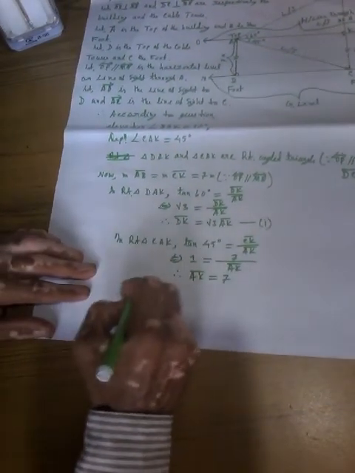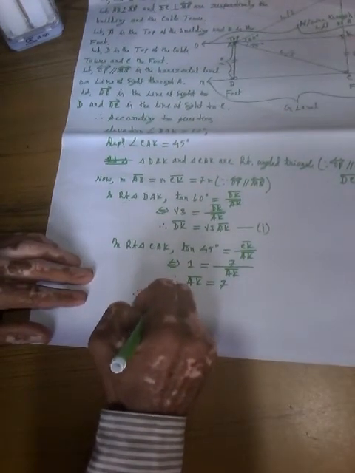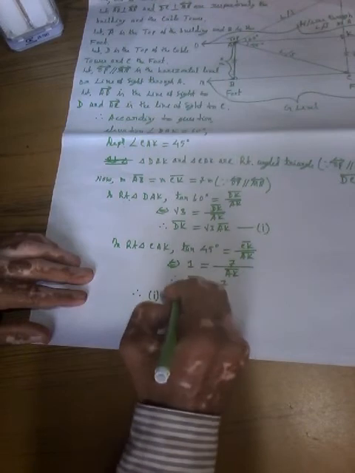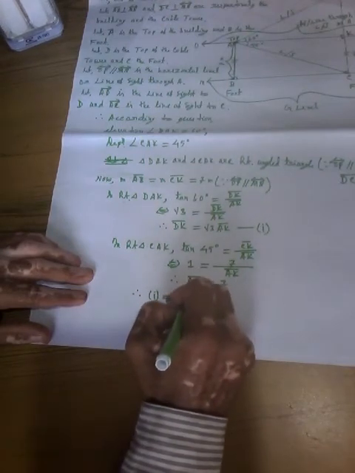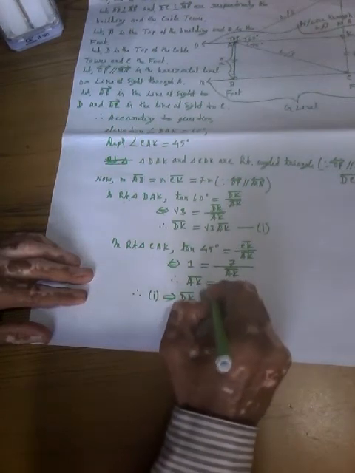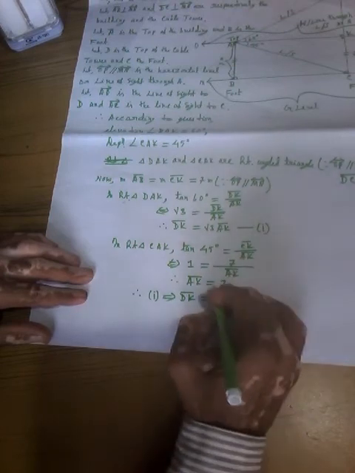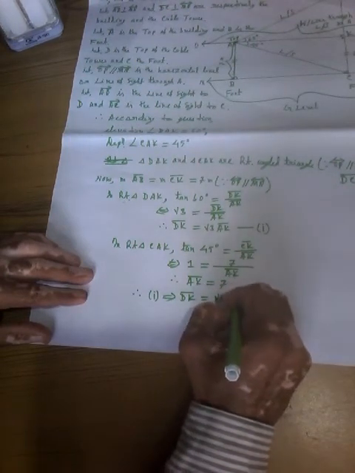Right, in this way. Therefore 1 implies DK is equal to root 3 into AK, which is root 3 into 7.